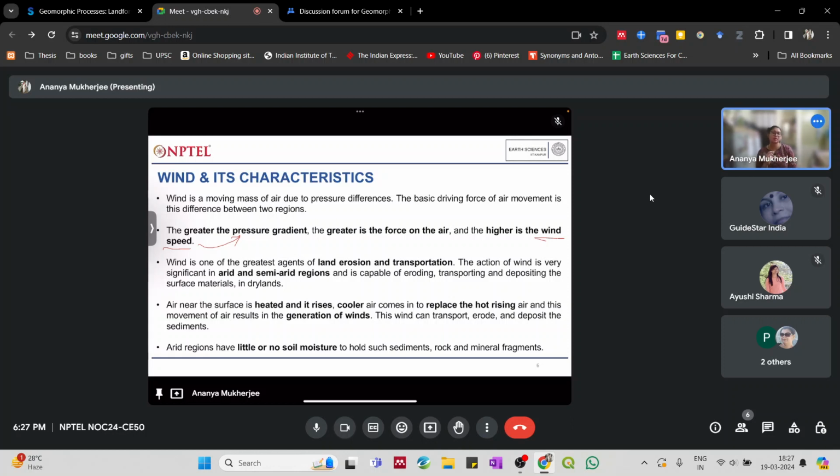This is possible because wind is one of the greatest agents of land erosion and transportation. As we have seen, this is more effective in extremely arid regions as well as some semi-arid regions. And because the sun is harsher in these areas, the wind blowing over this area is always going to be very high in temperature.